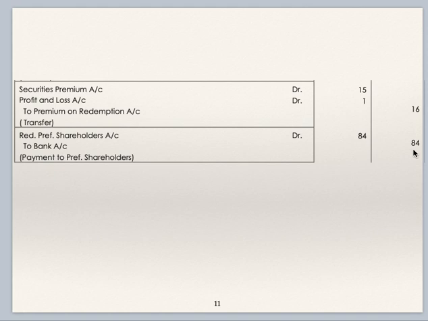Redeemable preference shareholders to bank 84. Actually amount due to redeemable preference shareholders is 96. Out of that, one shareholder having 10,000 shares is untraceable, so his dues 12 lakhs are to be deducted. So 96 minus 12 is 84, amount payable to redeemable preference shareholders. This I have already shown you.